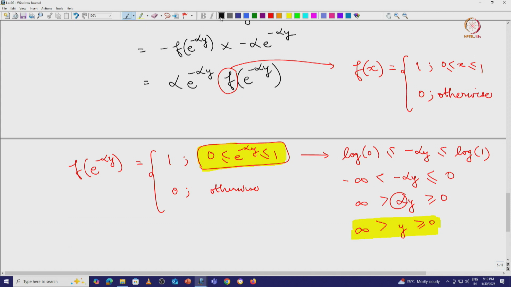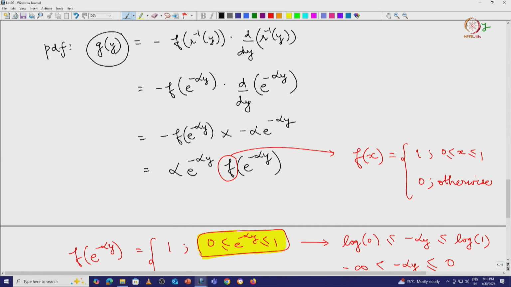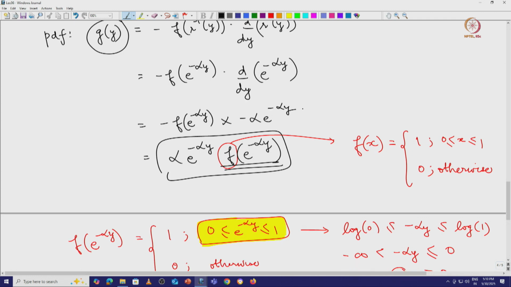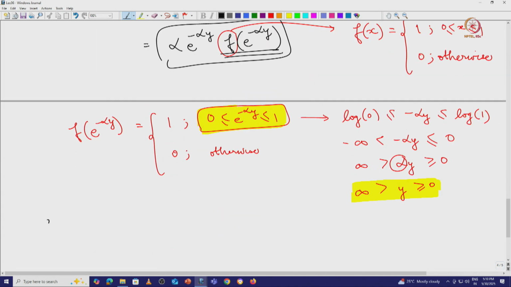So I hope this makes sense. So going back, you realize that g of y is equal to this, and we have just evaluated what f of e to the minus alpha y is. So therefore we can write that g of y is equal to alpha e to the minus alpha y times f of e to the minus alpha y, which is simply 1 if y is between 0 and infinity and it is 0 otherwise.